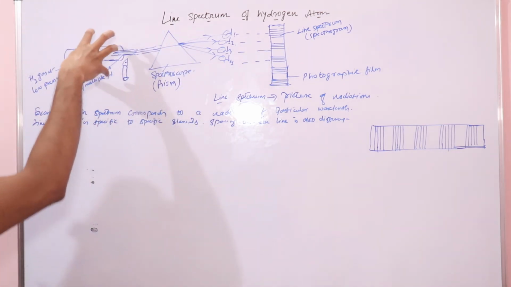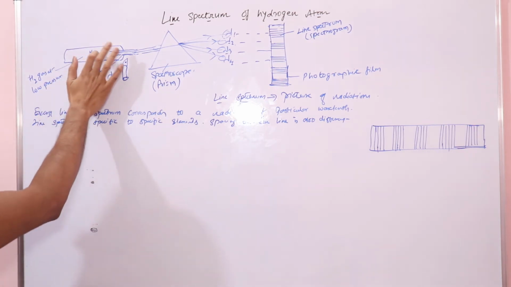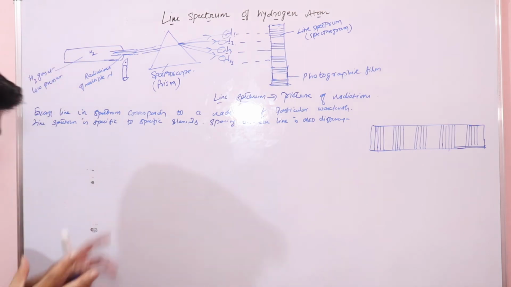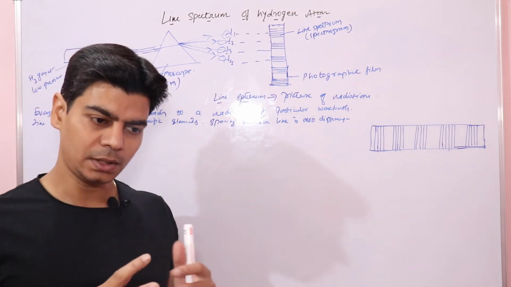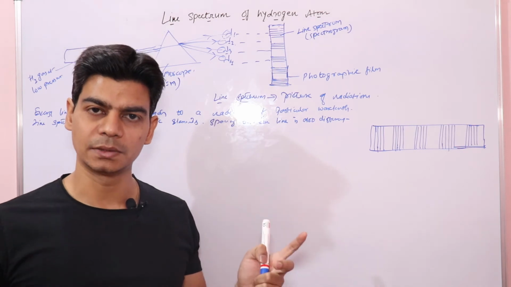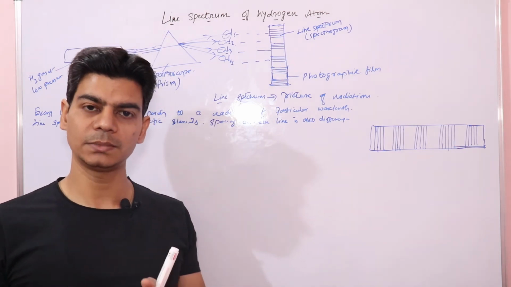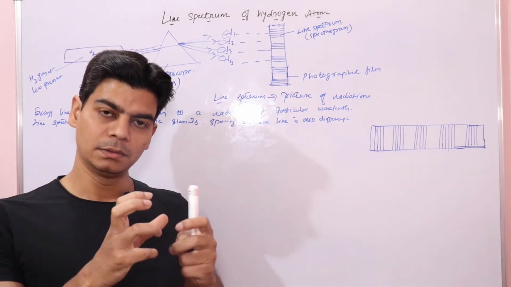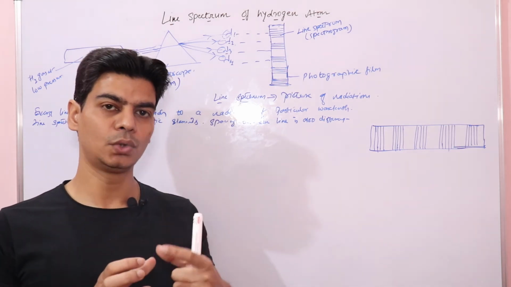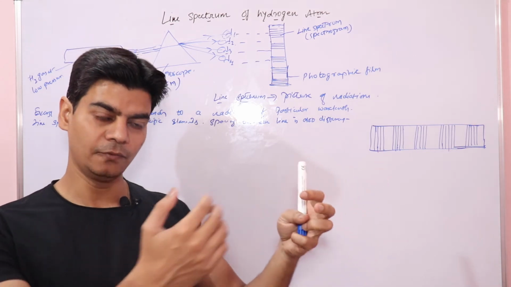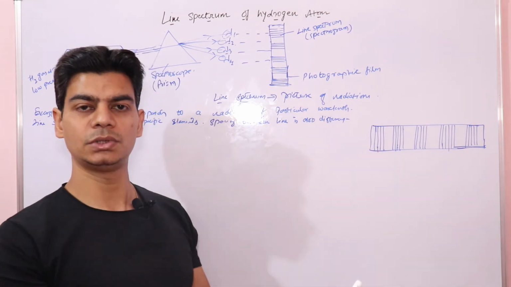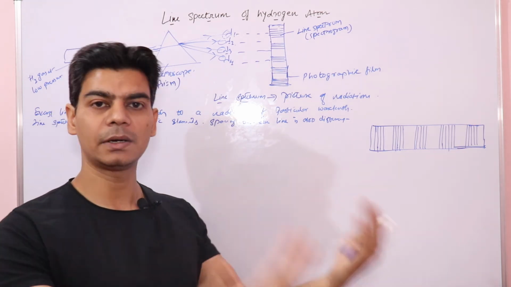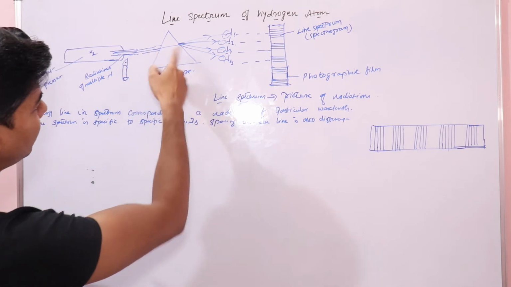Similarly, we have hydrogen here. When you passed electric discharge, it excited the hydrogen atoms. When hydrogen atoms get excited by receiving energy from the electric discharge, the electrons move to a higher energy state. When those electrons in different hydrogen atoms return to their ground state, they emit radiations. These are those emitted radiations.